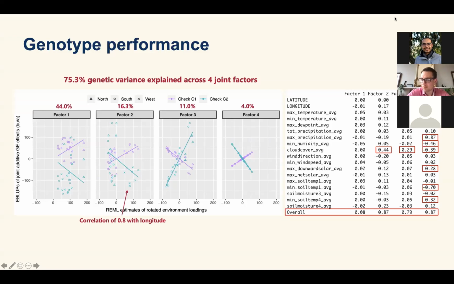But you can't select a particular cultivar for a year that's at the high end of the cloudiness distribution as opposed to the low end of the cloudiness distribution.